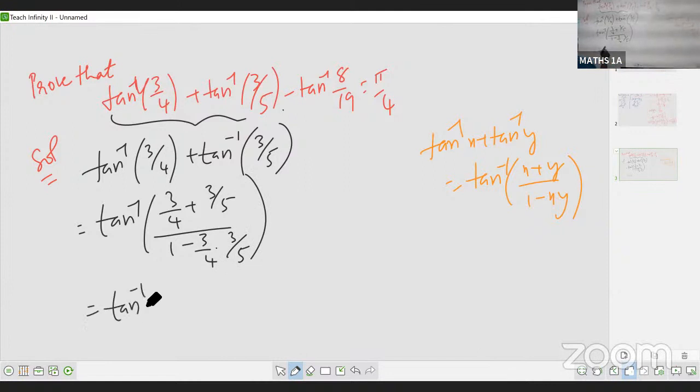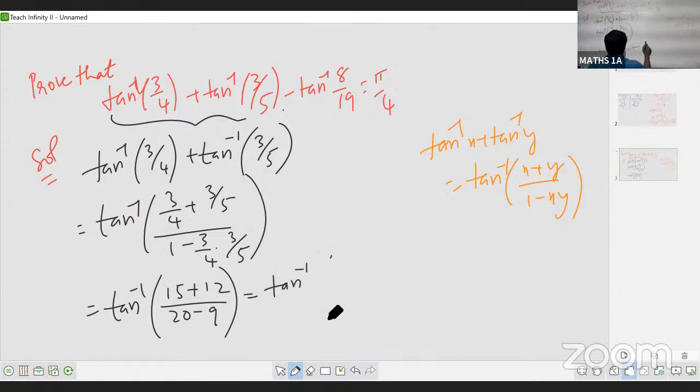That is tan inverse of 15 plus 12 divided by 20 minus 9. Now 4 and 4, 4 into 5, 4 into 5 got cancelled after taking LCM. Is it clear? That is tan inverse 27 by 11.